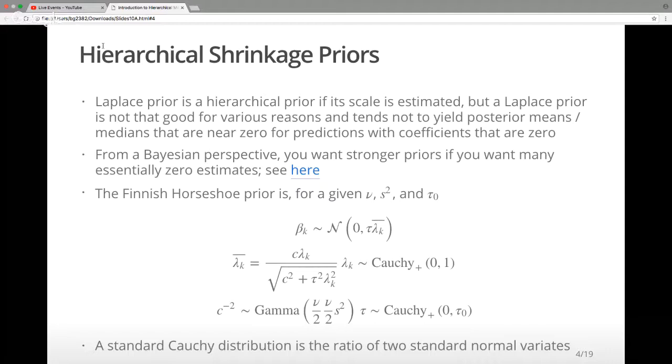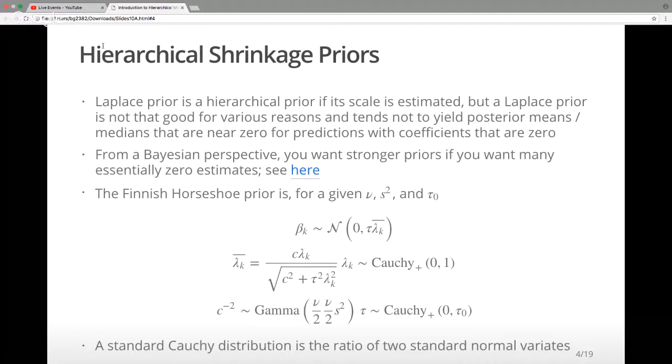In any event, what are the parameters? Well, the shape of nu over 2 and rate, or probably scale, actually, of nu over 2 times s squared. Tau, which goes into this expression here, also has a half Cauchy prior, although you can choose a scale parameter, and you can choose what value of s to give.